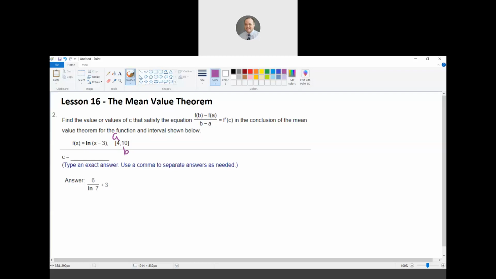First order of business, let's find f prime of c first. But we have to replace each x in our original function with c. So we have natural log of, in parentheses, c minus 3.